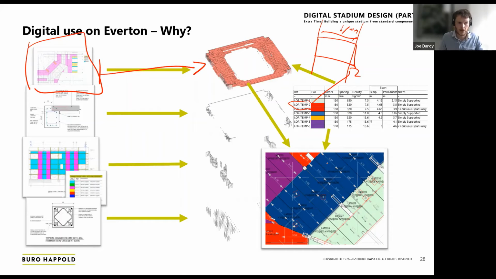This was carried out using a different script, which allowed us to understand for every plank what its span is, produce a drawing for that, and feed that across to Laing O'Rourke to facilitate them checking their temporary works design more efficiently and quicker.